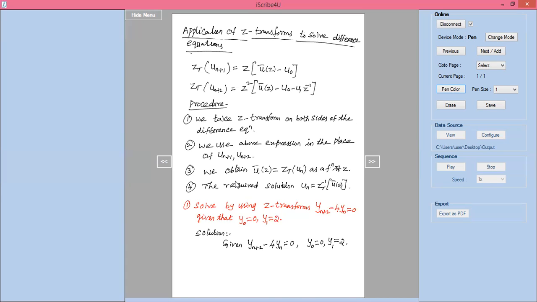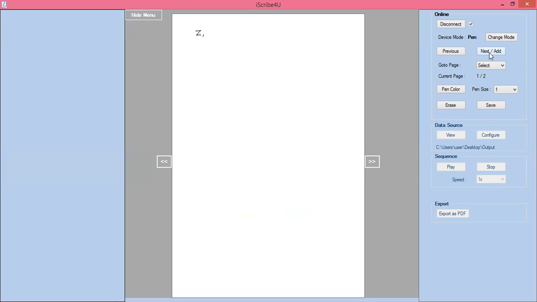Now we will apply Z transform on both sides. Z transform of y(n+2) minus 4 into yn equals Z transform of 0. Now I can simplify this applying the formula. Z transform of y(n+2) minus 4 into Z transform of yn equals Z transform of 0.